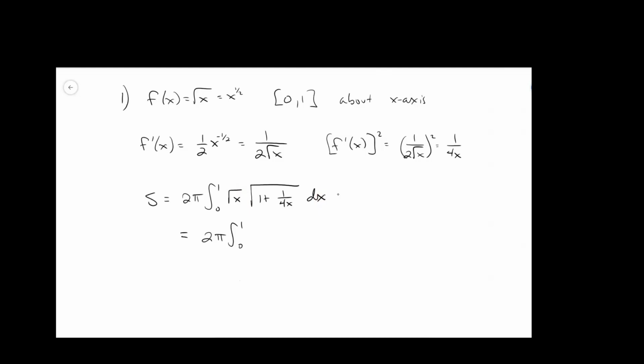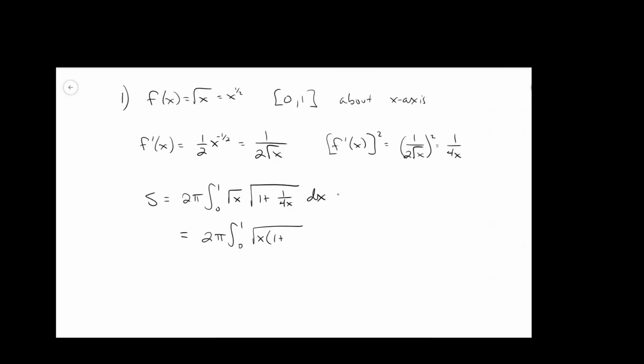We've got a square root of x times another square root. Well, remember what you do when you have a root times another root. Remember, root A times root B is the same as root AB. So the goal here would be to just put these under the same radical.